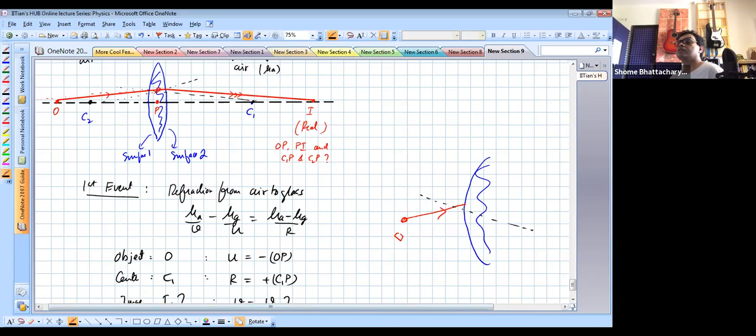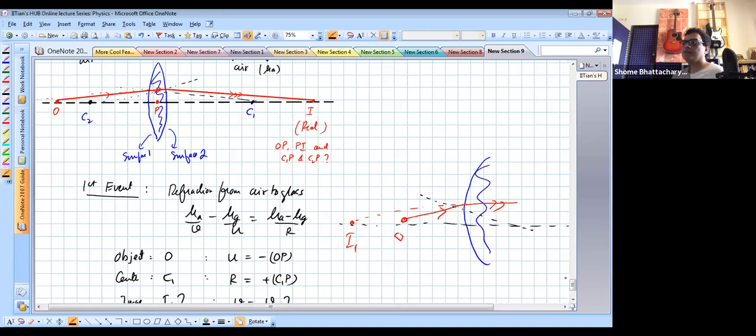So it bends towards the normal, a little bit like this, let's say. And you produce this back, it should give you your I1 over here. This is assuming that this is what will happen. It will not bend enough to actually converge. So assuming that over here.